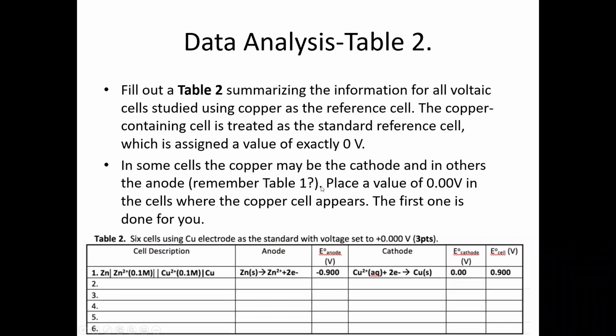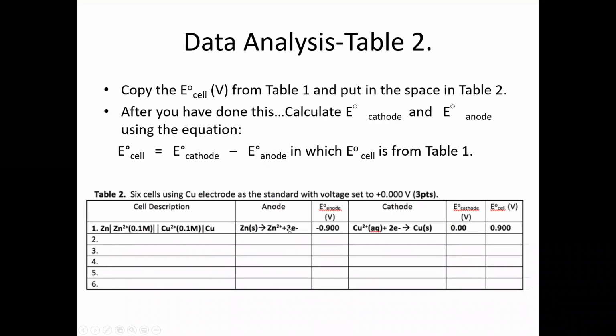In table 2 here, we assign the copper half cell potential to be exactly 0.00, and we'll calculate the other half cell potential. So in table 2, you need to list the cell description and list the anode reaction and the cathode reaction.